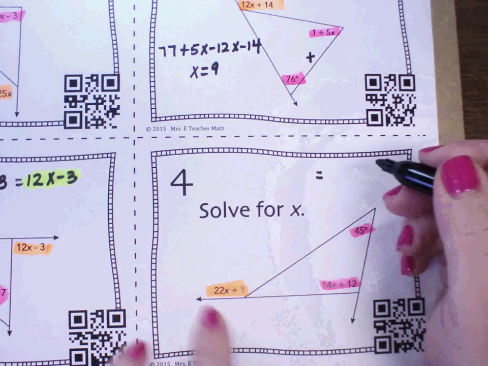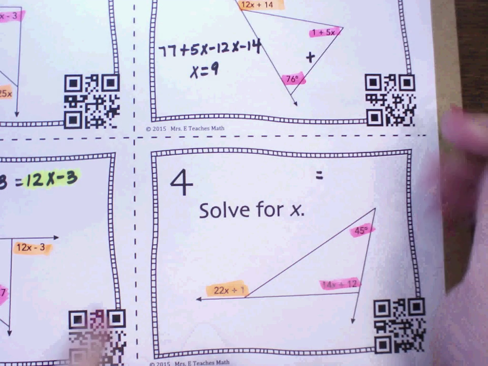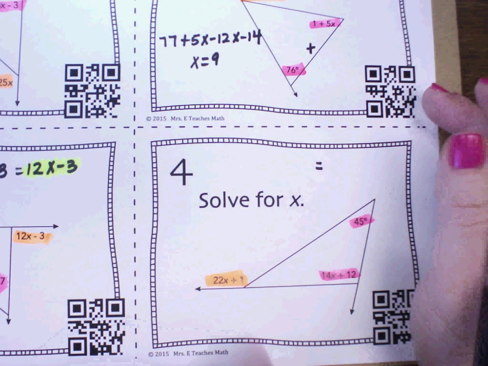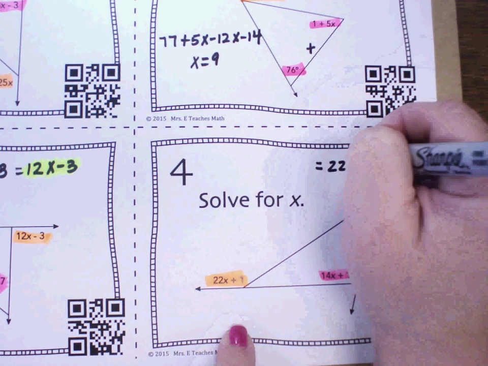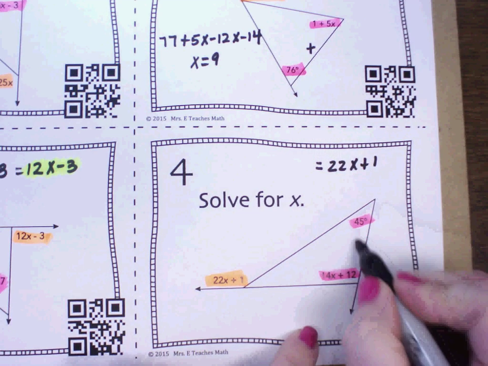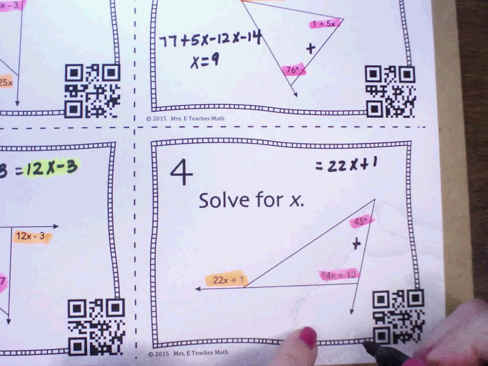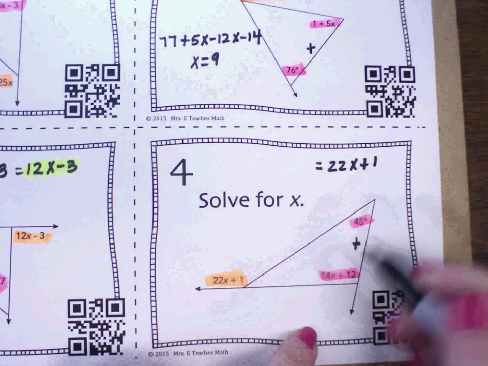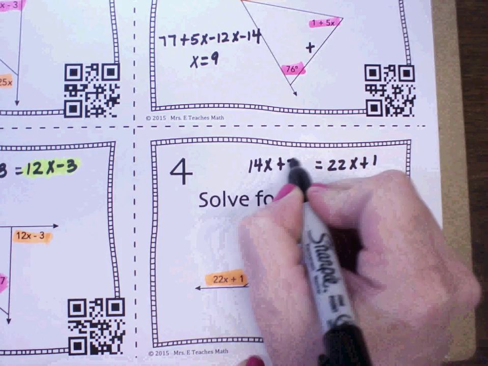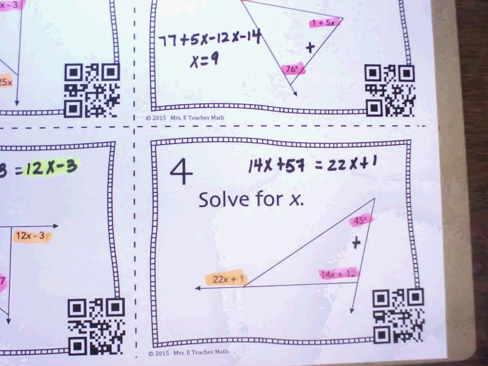So tell me what is equal to. What is this equation equal to? Help her out. 22x plus 1. Very good. Juliana, is there anything that I can add on the other side, on the inside? 45 and 12, which would be 57. So 14x plus 57.